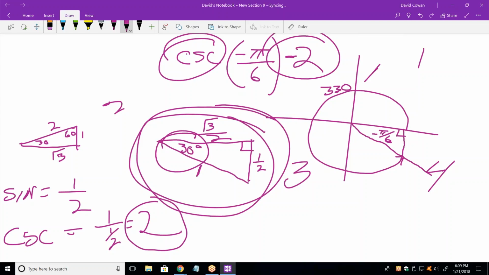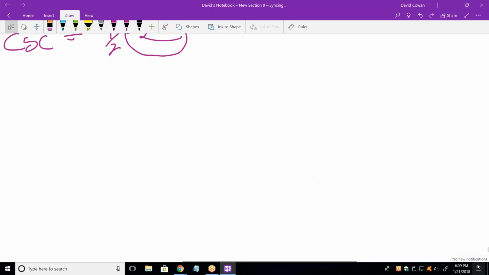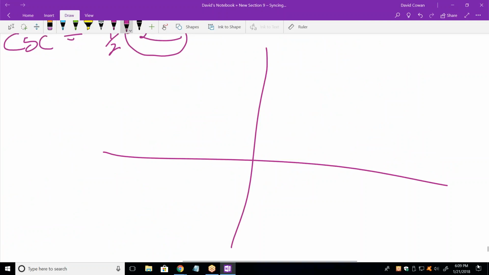You've heard of all students take calculus? Nope. Okay, let's talk about that for a second. I find it pretty worthwhile. Now, it sounds like you've got these memorized pretty well, but let's look at the unit circle.